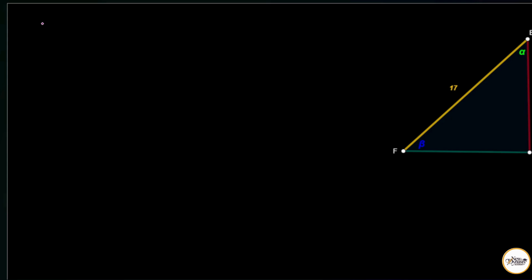So we start with the hypotenuse, which is EF in this case. So that is EF squared equals your FG squared plus EG squared.